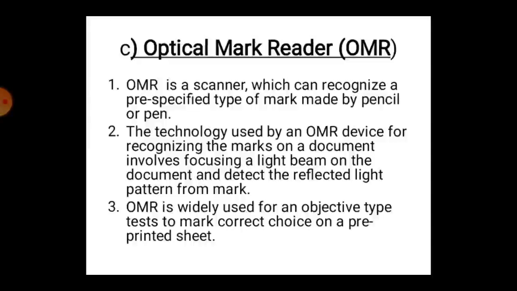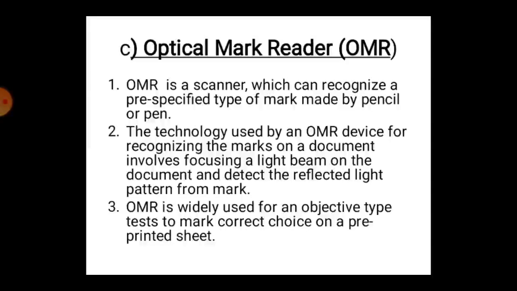Students, this optical mark reader scanner recognizes any mark which is made by pencil or pen on a paper. So this OMR device is used to recognize a character when we focus a light beam on the paper which has characters.